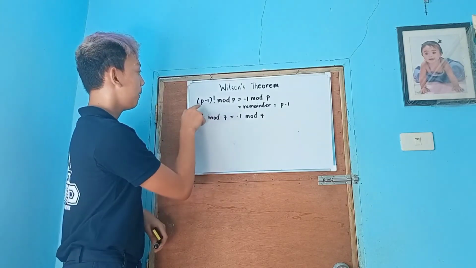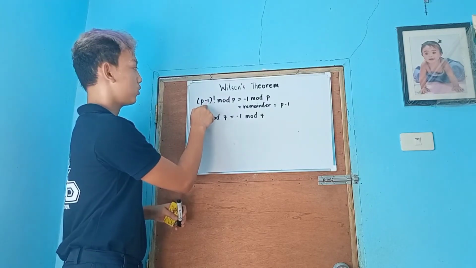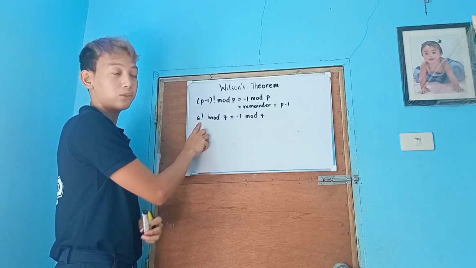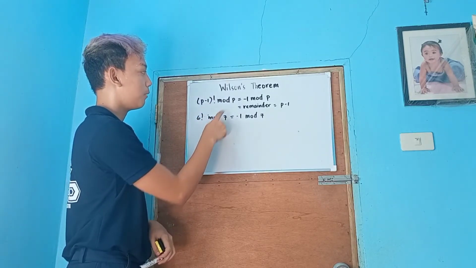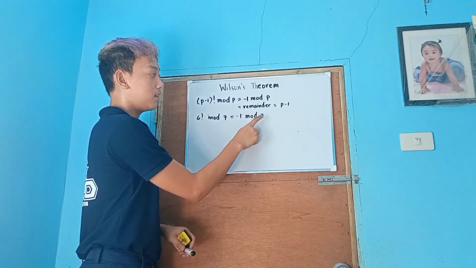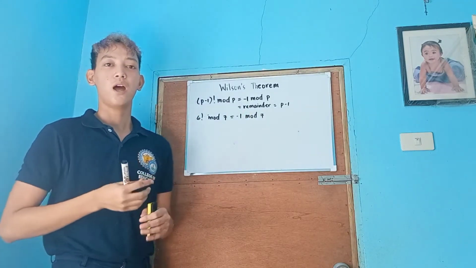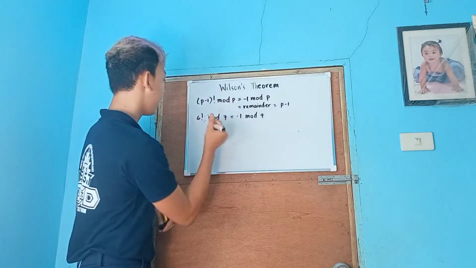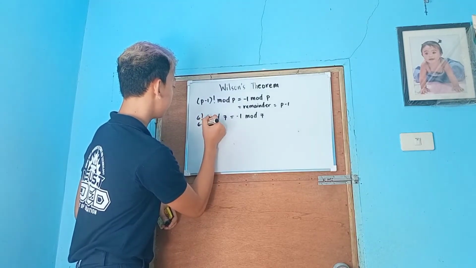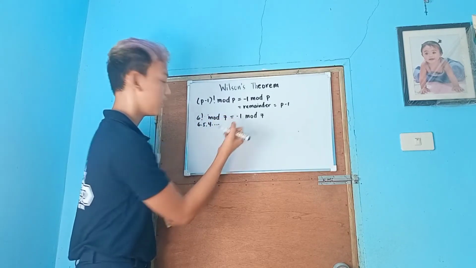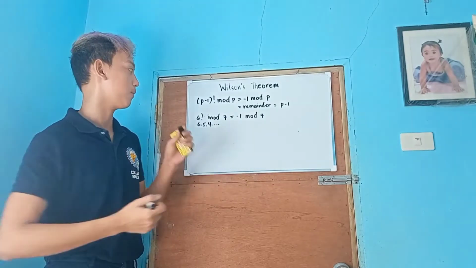Because p, or 7 minus 1 factorial, is 6 factorial. Then mod our prime number 7 equals negative 1 mod 7. So, how can we get the 6 factorial? We have to multiply 6 by 5, by 4, by 3, by 2, and by 1.